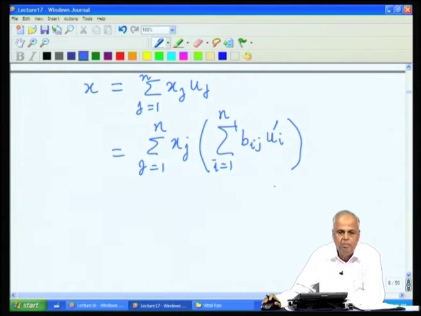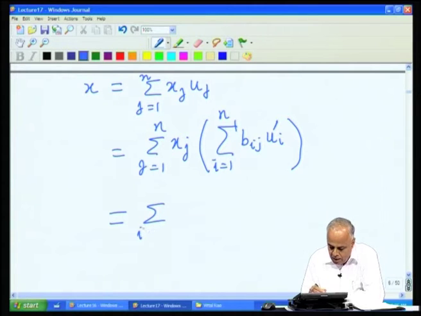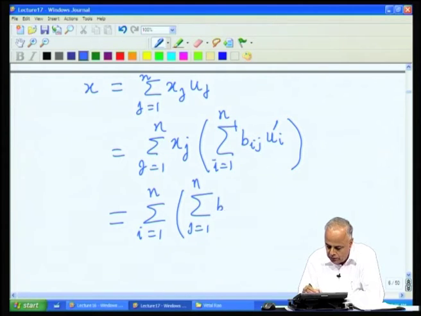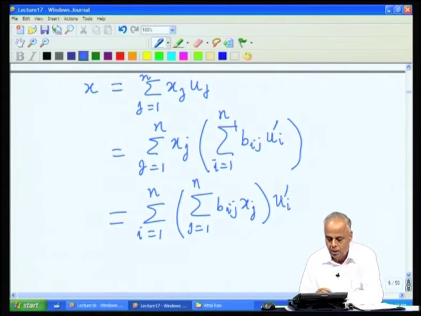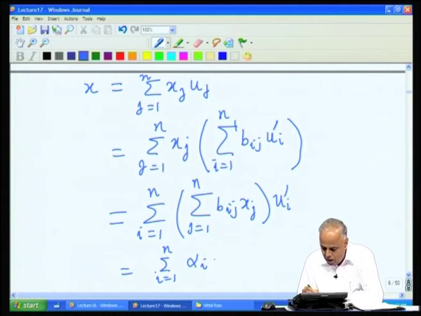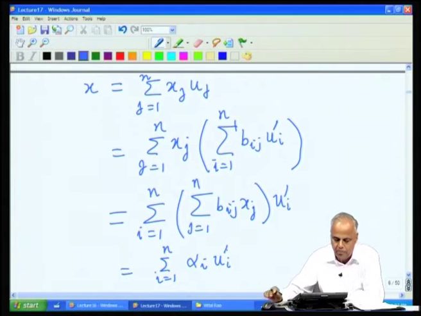There is a double summation and everything is a finite sum. So, you can rearrange the summation and write it as the summation i equal to 1 to n of the summation j equal to 1 to n of bij xj into ui prime. So, I can write this as the summation i equal to 1 to n of alpha i times ui prime.